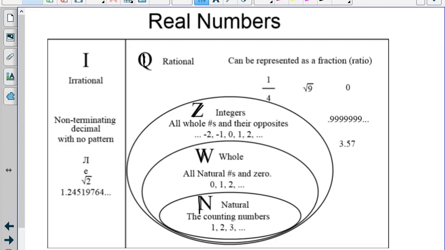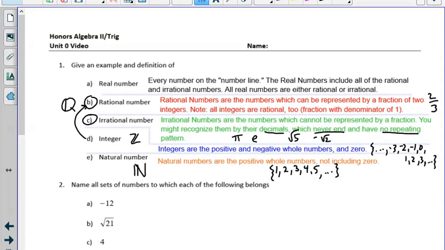And then all of those combined with the irrational numbers, which you can write as I with an extra line, are the real numbers, which we're going to write with R with an extra line if you ever wanted to use the symbol. So this is a picture that can show you where everything goes in that diagram. Sorry, I forgot to put the R with an extra line by the real numbers.